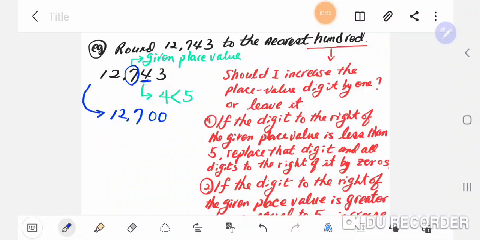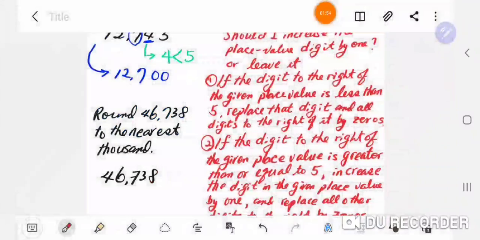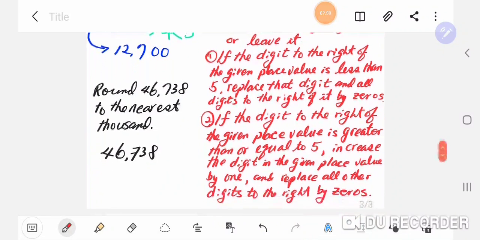Okay, let's try a different example. Round 46,738 to the nearest thousand. The given place value is 1000, because 1000 is this one. So we will decide whether we need to increase this 6 by 1 or just leave it. So we need to compare the next digit.